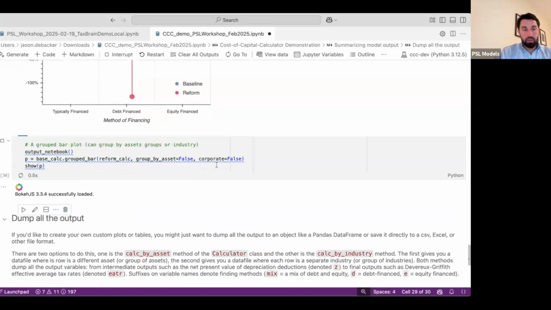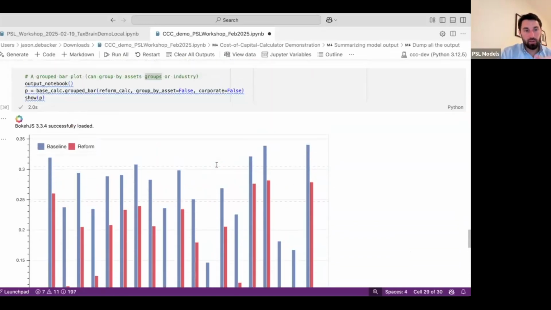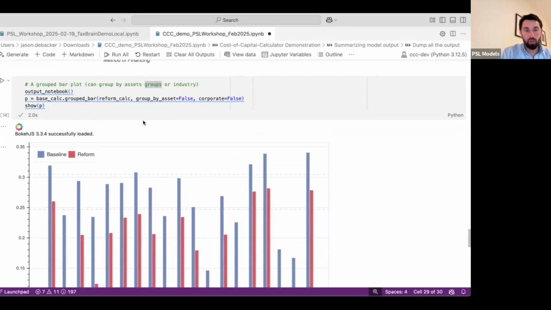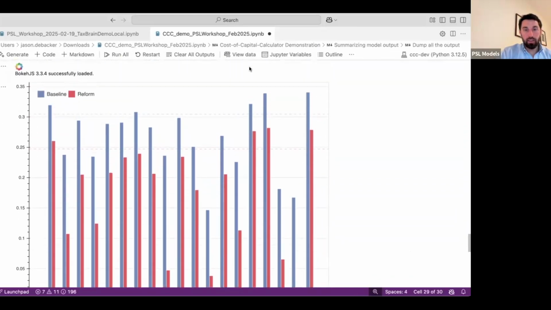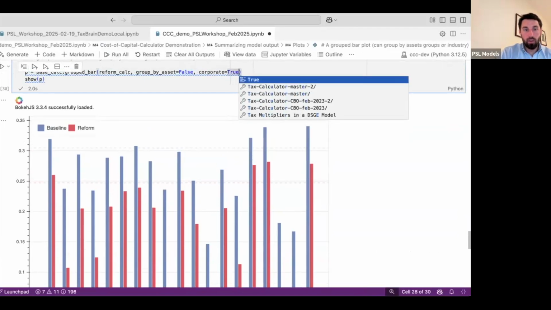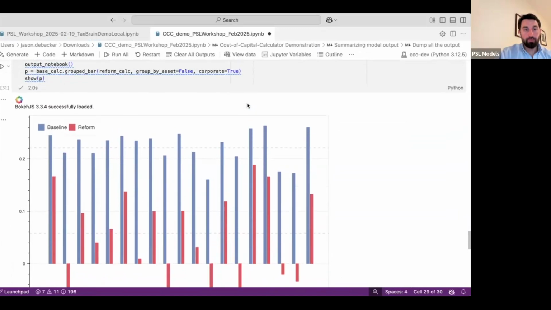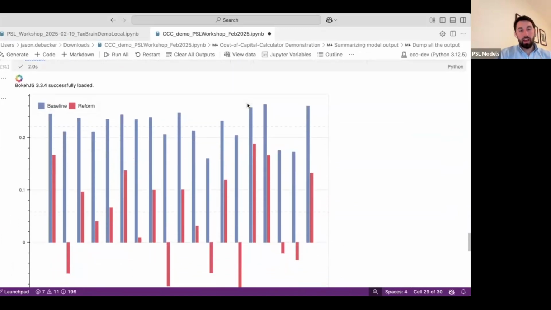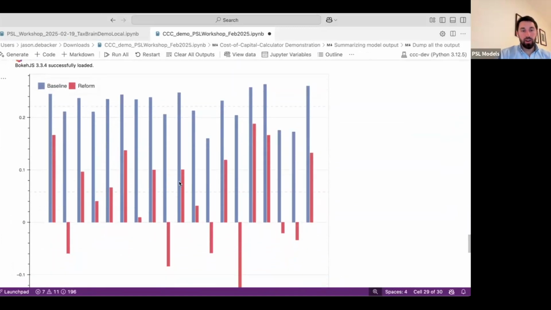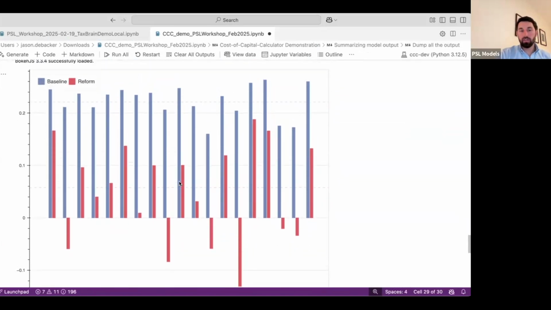If we want to look specifically across industry, and we can do this by asset too, here I'll show you a grouped bar plot where we're looking by industry. I've got corporate false, but let's just look at corporate true. And here we can see the tax treatment across industry and how it's varying. And why is it going to vary across industry? Well, it's because industries have a different mix of asset types, right?